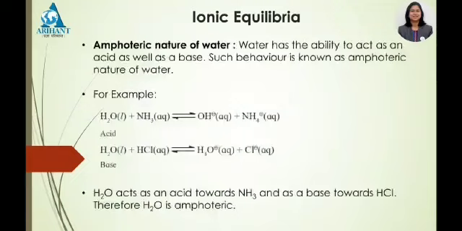Consider this H2O as an acid. So below that acid is written, and H2O is in a liquid form. So when you take water plus NH3, which gives you OH minus ions plus NH4 plus ions.